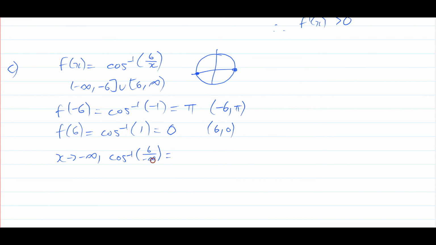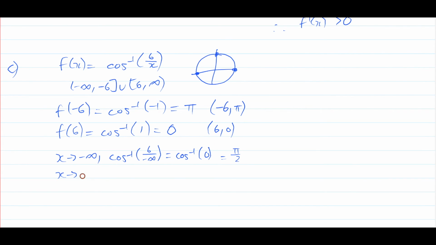Because infinity is such a big number, 6 divided by a huge number would be 0.000 something, which is close enough to 0. So this is essentially cos inverse of 0, and that is pi on 2.